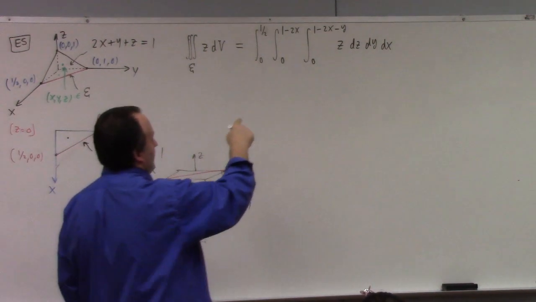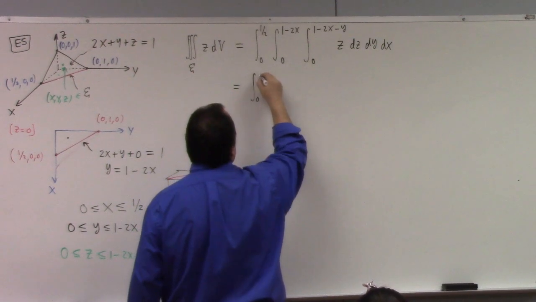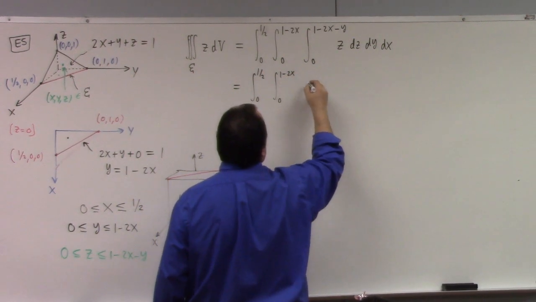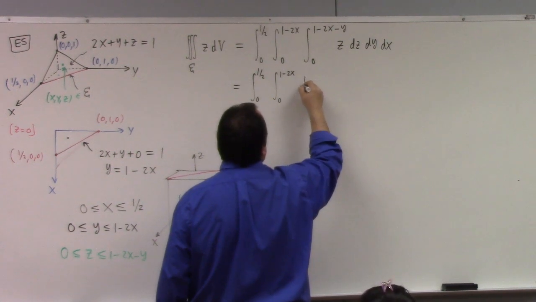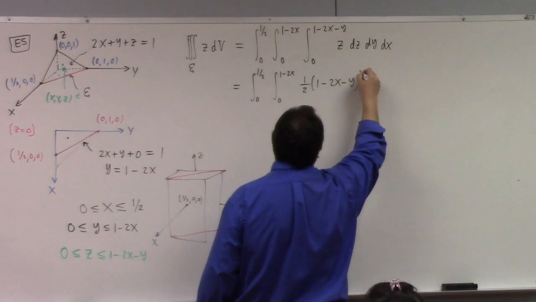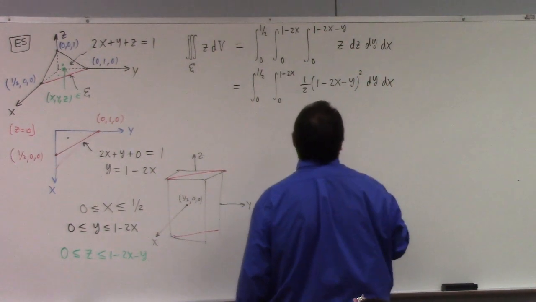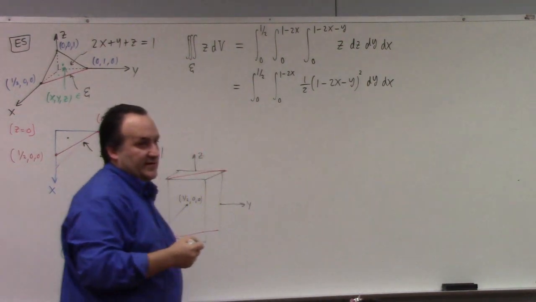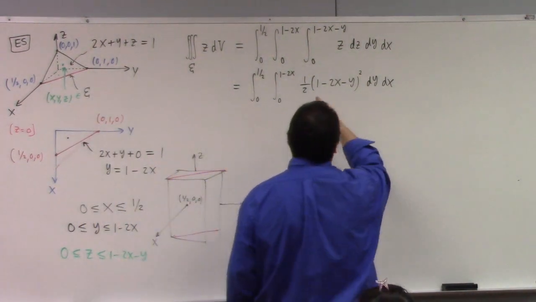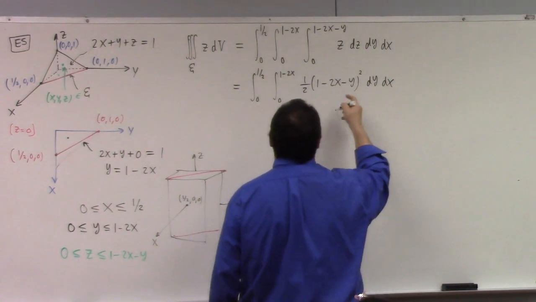So I start by integrating z dz, which gives me what? I've got 1/2 z squared, right? So that gives me 1/2 times 1 minus 2x minus y, quantity squared, dy dx. That's my z integral. Now 1 minus 2x minus y quantity squared, it's probably useful to think of that as a u substitution.